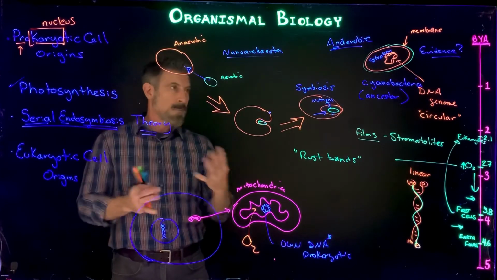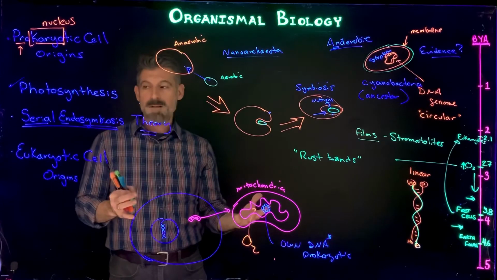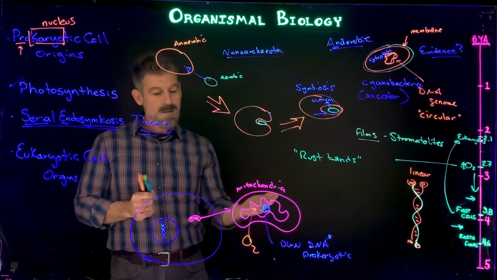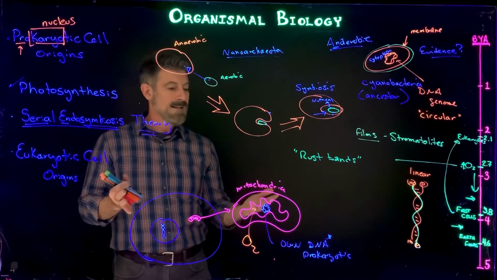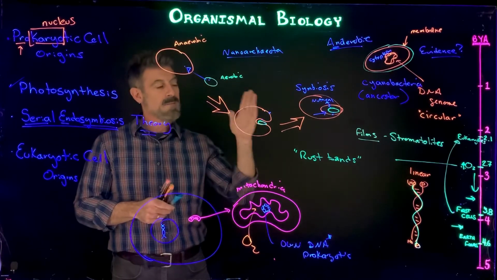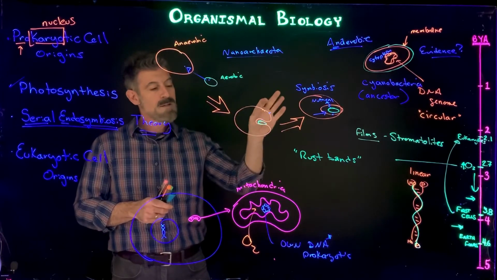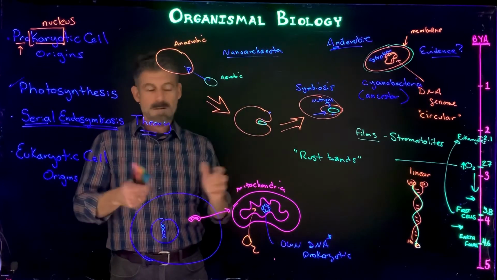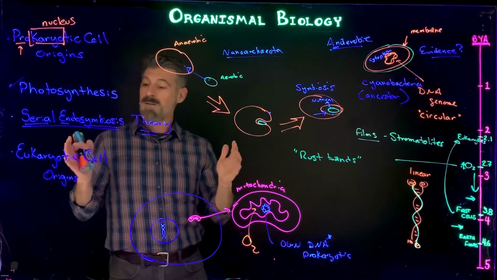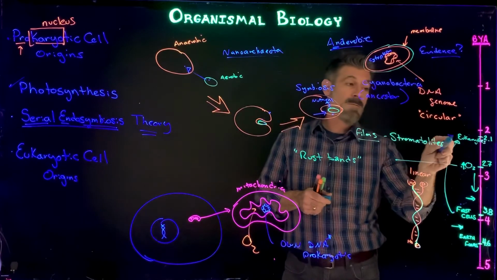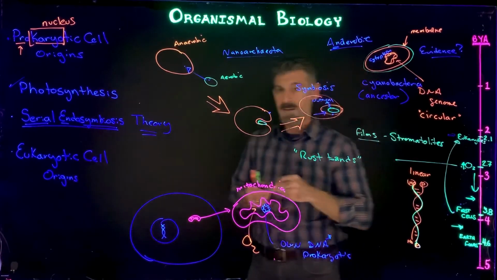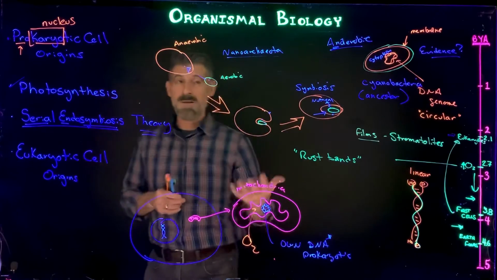So symbiosis is something that we see a lot of in nature, and so the endosymbiotic explanation is highly likely, and it's supported by some molecular evidence, different types of genes, and some of these other examples. And so then we get eukaryotic cells around 2.1 billion years ago, most likely through this process.